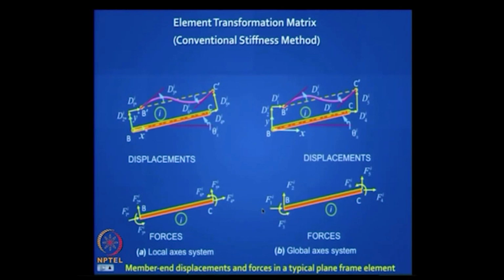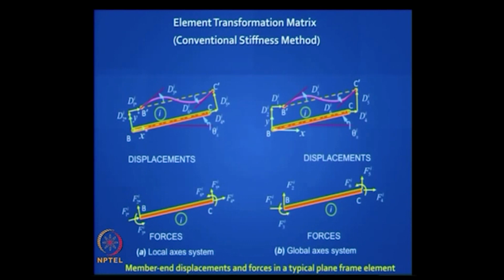Similarly here the component of the force along the global x axis is F1, along the global y axis is F2, and the moment is F3, F4, F5, F6. Does this make clear? So with this graphically I am trying to show you what we mean by defining the element vector, displacement vector, force vector.